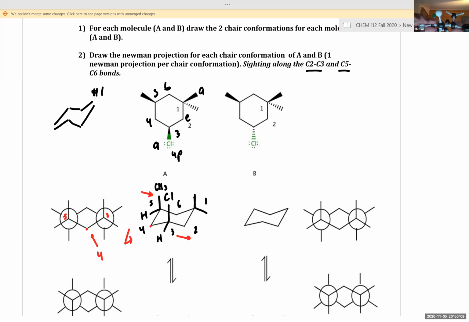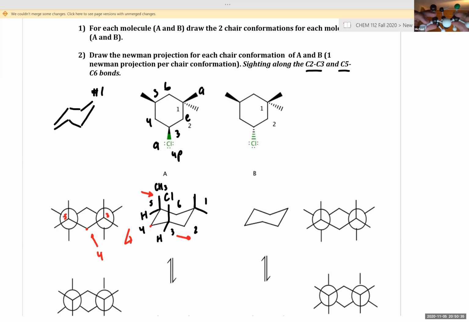So now what we're going to do is look down. In this case, they want us to look down the carbon 2 and carbon 3 bond, and the carbon 5 and carbon 6 bond. Okay, so that gives us something that looks like this.